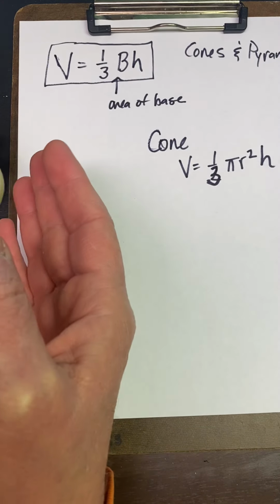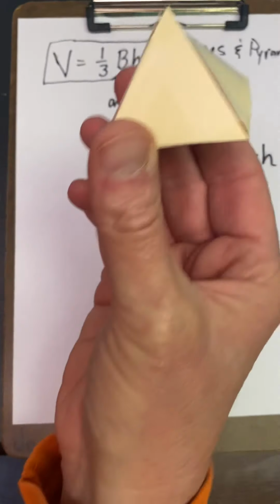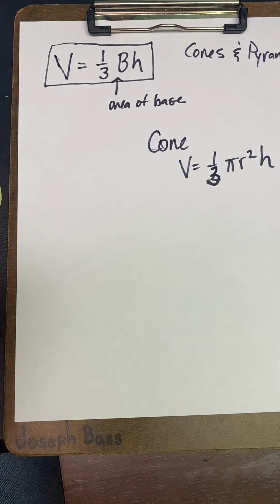Okay, so if I wanted to find the volume of, let's just do it. What's the volume of this pyramid? It's a pyramid, so it's a square base.